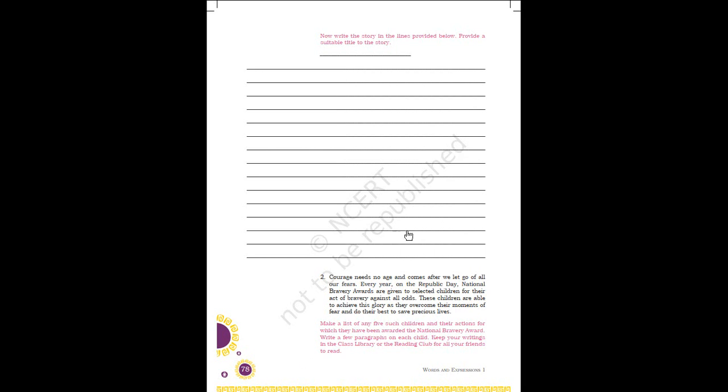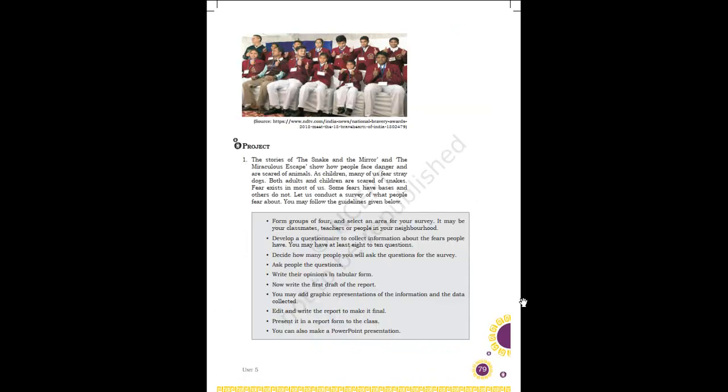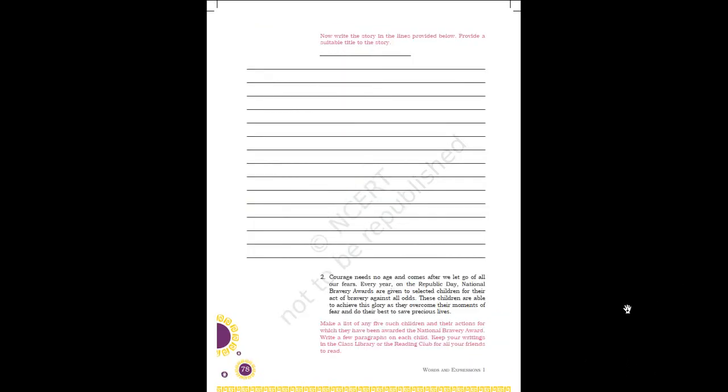Then they have given one project for you which you need to do. That also you can write in the textbook. Courage needs no age and comes after we let go of all our fears. Every year on Republic Day, National Bravery Awards are given to selected children for their act of bravery against all odds.